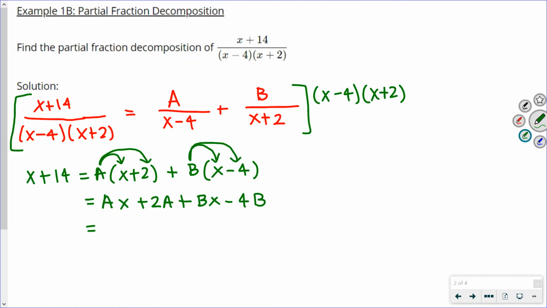Now I'm going to reorganize this so all my x's are together. So I have Ax plus Bx, there's my first group with my x's, plus 2A minus 4B. And here's my second group of constants.